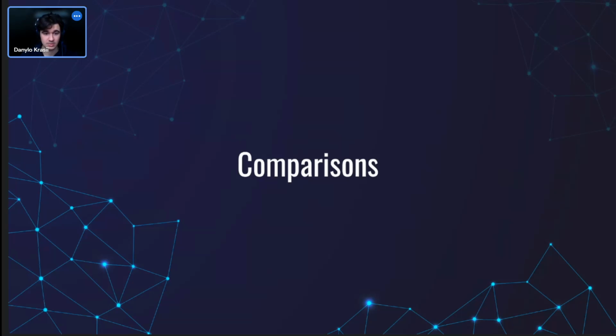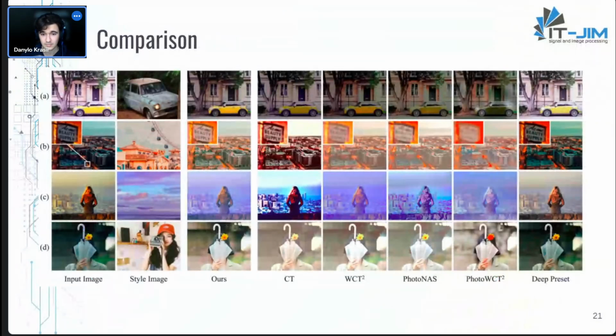And finally, some image comparisons. Here you can see the results of some models. In the first column, there are input images. In the second column, some style images. In the third column, results of Neural Preset.